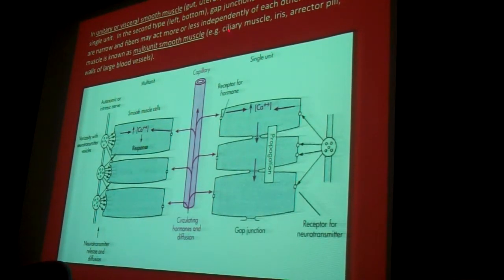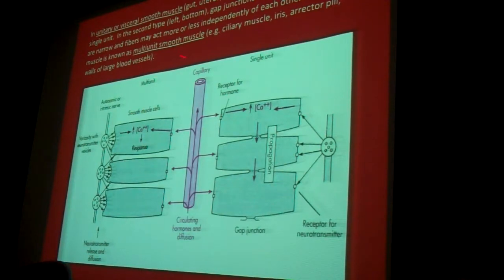Whereas in something like the smooth muscle that's not under your control, like the smooth muscle in your iris that controls how much light gets into your eye, you don't want that to be any kind of rhythmic thing. You want to find out how much light you need and set it there, so it doesn't move. So you control each one of those smooth muscle cells independently, and that's what we mean by multi-unit.